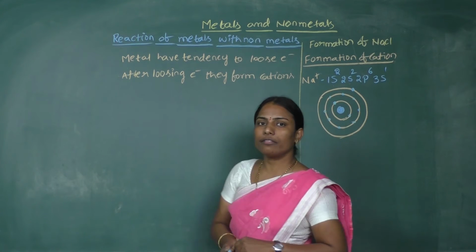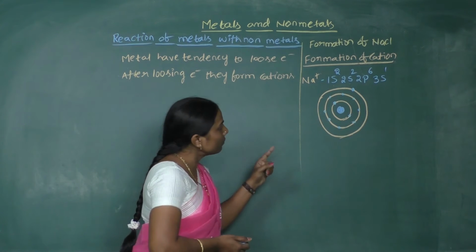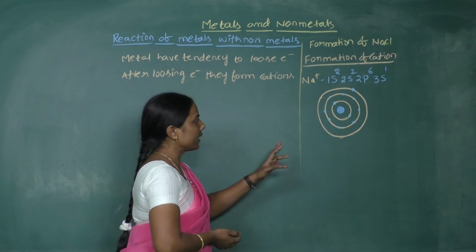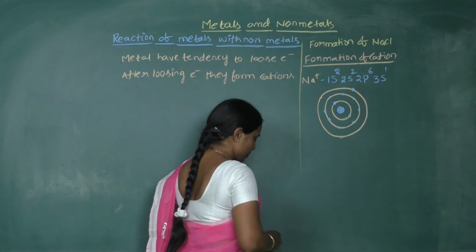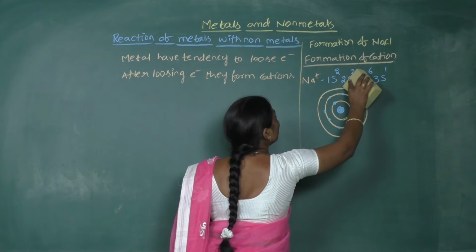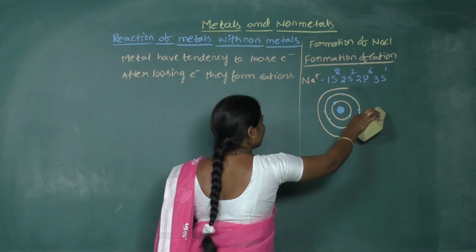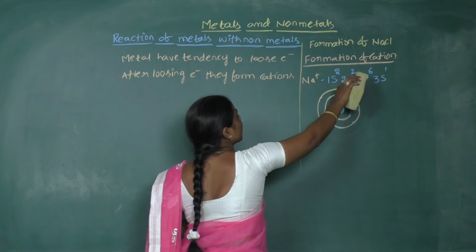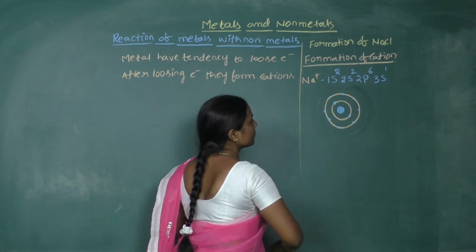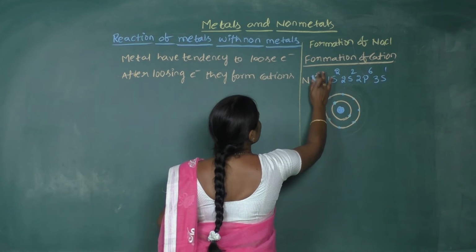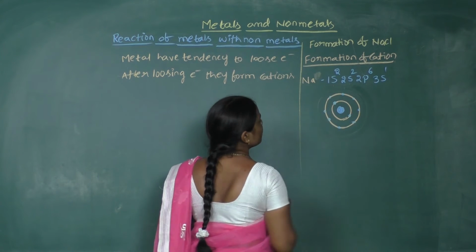If by chance this sodium loses 1 electron, it is going to get 8 electrons in the outermost shell. What happens if we remove this 1 electron? Then the second shell becomes the outermost shell. So what is the configuration? This is the configuration of sodium.